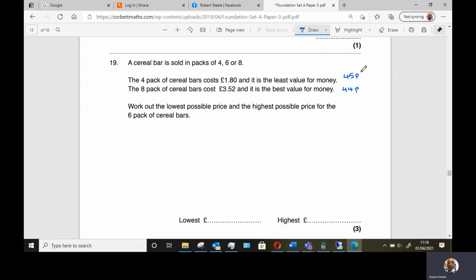So 6 bars at 45 pence, that's going to be £2.70, and 6 bars at 44, yeah, 44 times 6, so if the 6-pack was priced at £2.64, it would be equal best value.